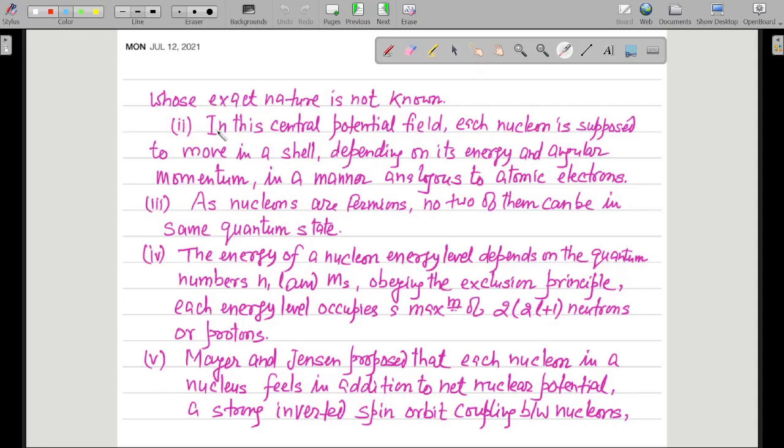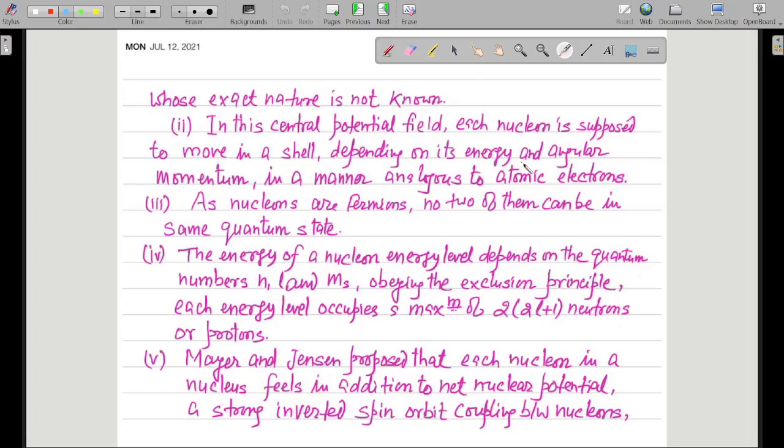In this central potential field, each nucleon is supposed to move in a shell, depending on its energy and angular momentum, in a manner analogous to atomic electrons. What do you have in atomic electrons? You have various shells: K shell, L shell, M shell, N shell.